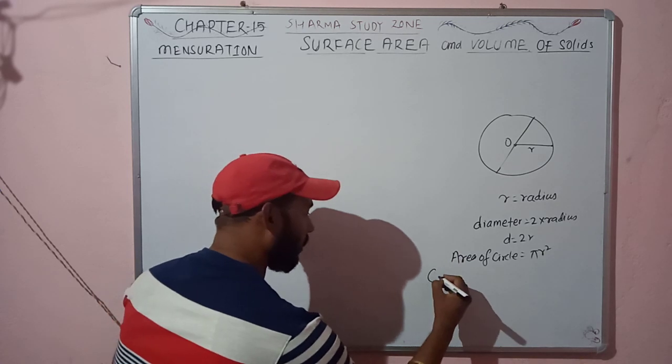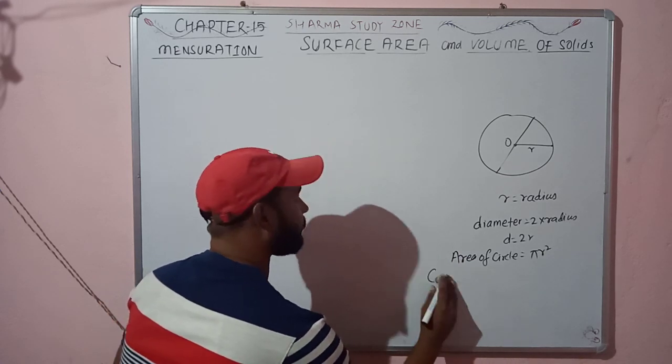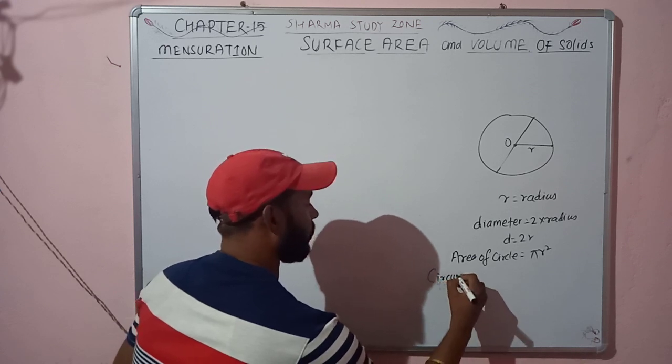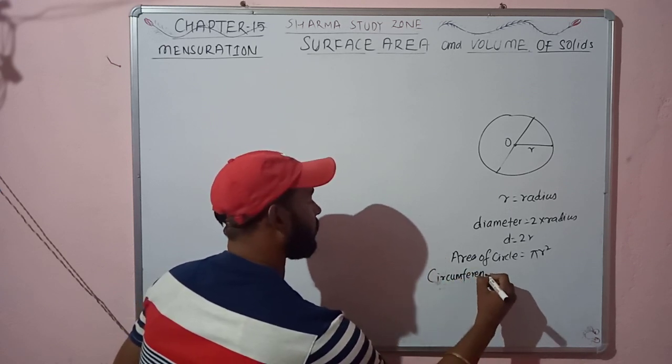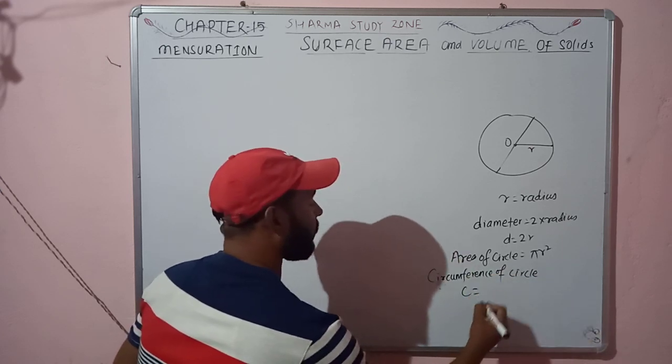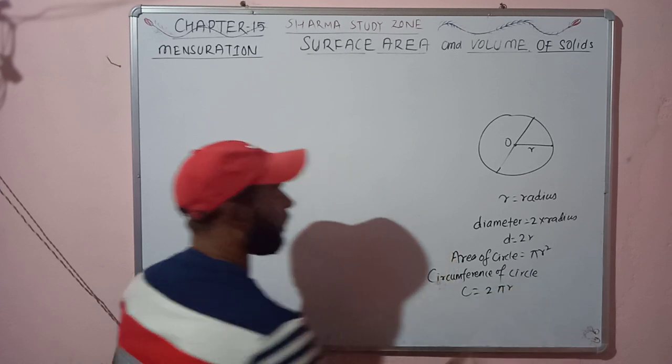The formula for the circumference of a circle, denoted by C, is equal to 2 pi r.